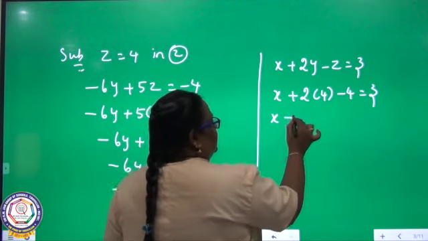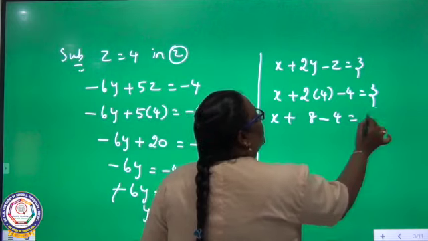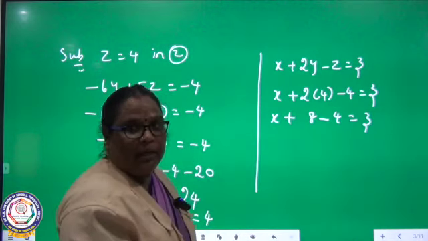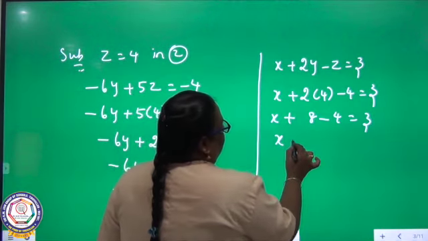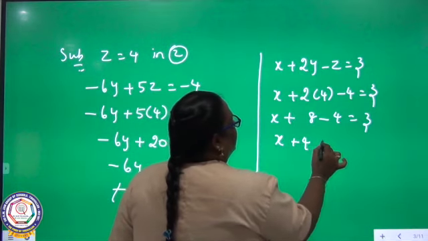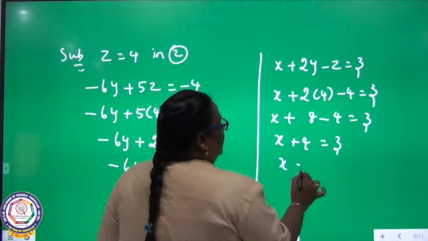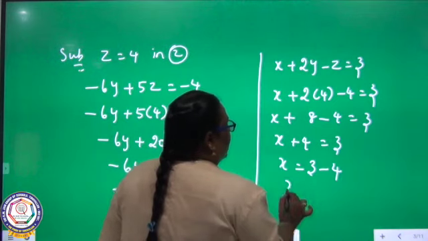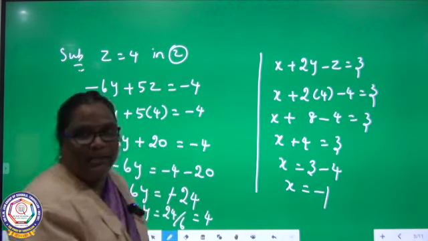So x plus 8 minus 4 equal to 3. x plus 4 equal to 3. x equal to 3 minus 4. x equal to minus 1.